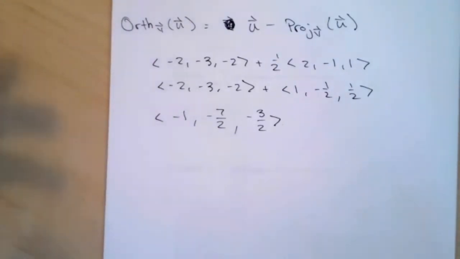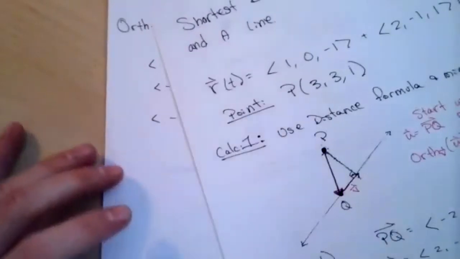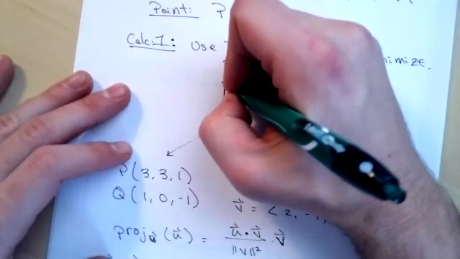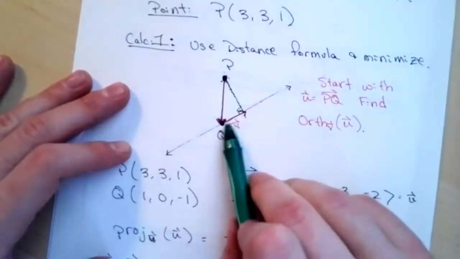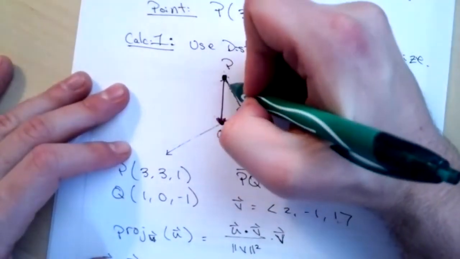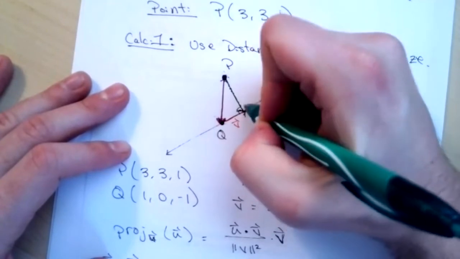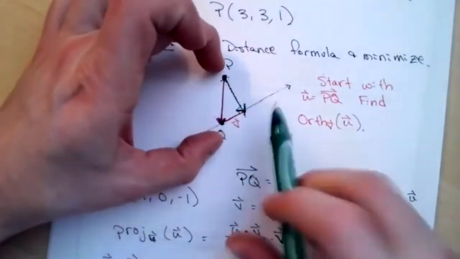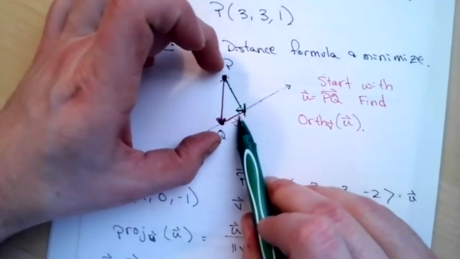So let's go back to our picture. What did we just find? We had PQ. We projected it on here. So we're pointing this direction, because we took PQ and subtracted off this component.